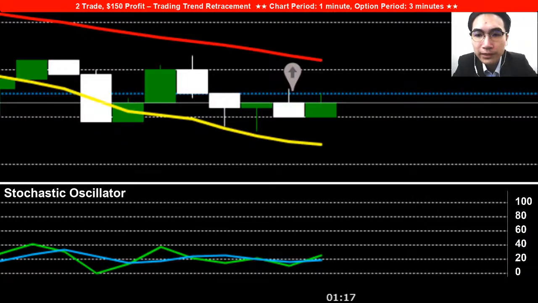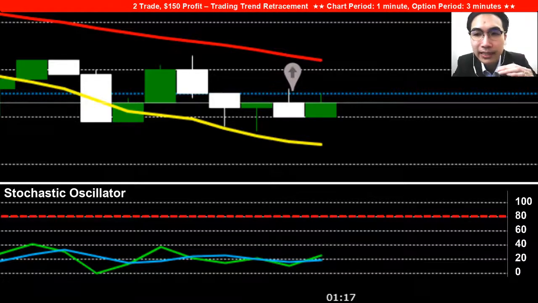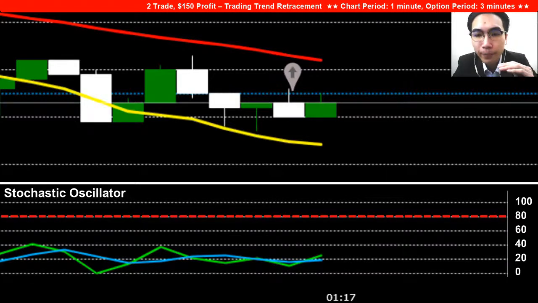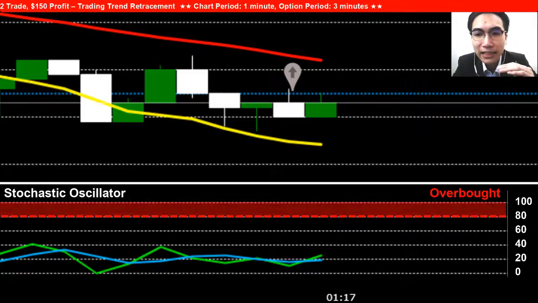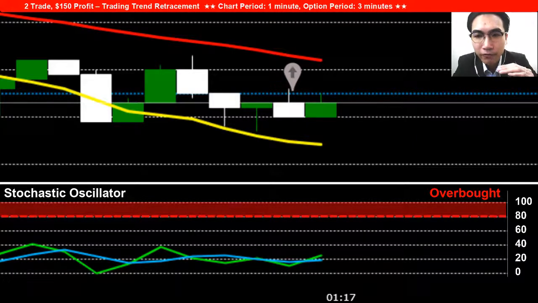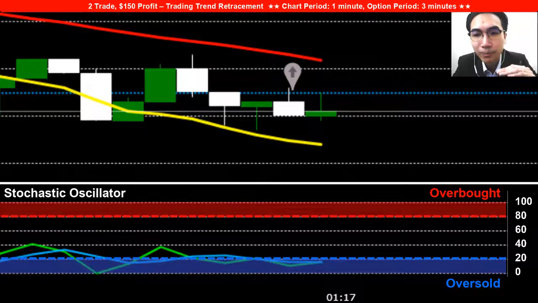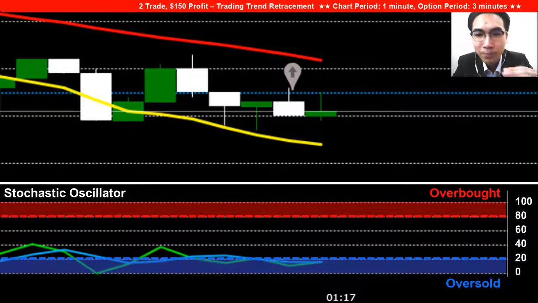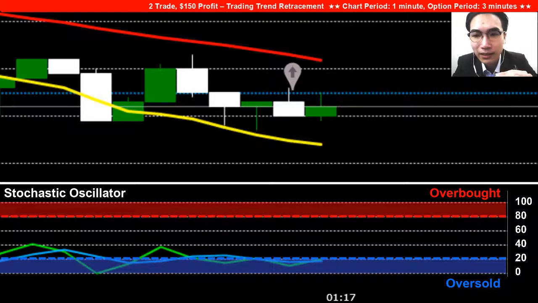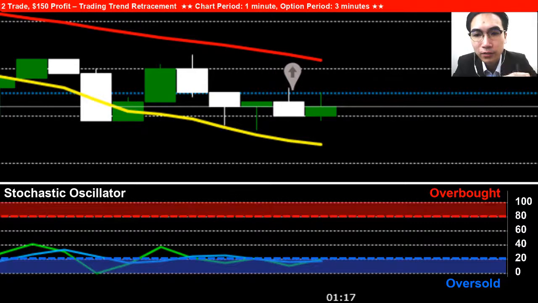For the overbought level, we are looking at the area above 80, so the area from 80 to 100 is the overbought area. On the other hand, the oversold level is the area from 20 to 0.